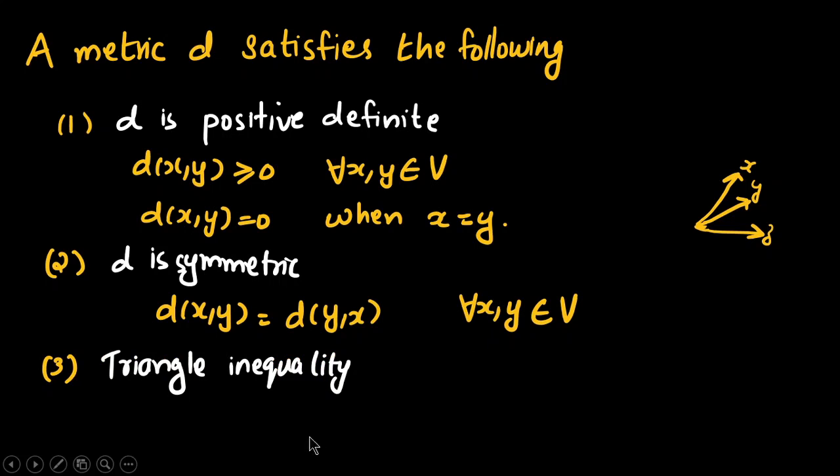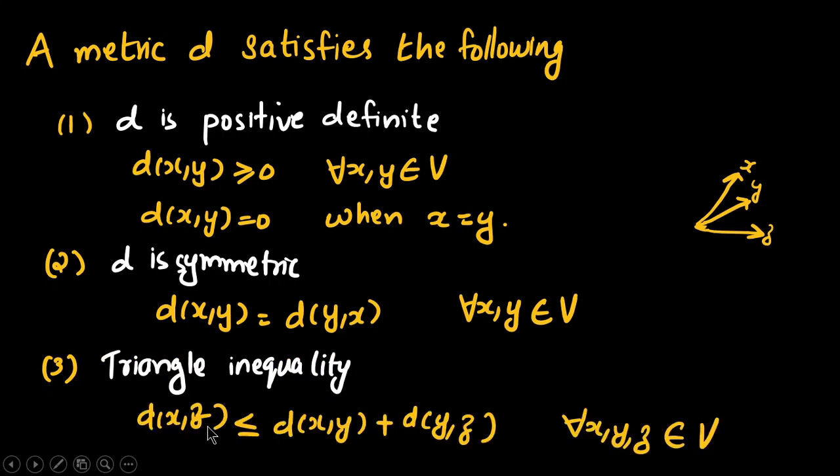And triangle inequality means this: d of x, z is less than or equal to d of y, z plus d of x, y. That means if you have a vector x, this is x and this is y, and suppose this is z.